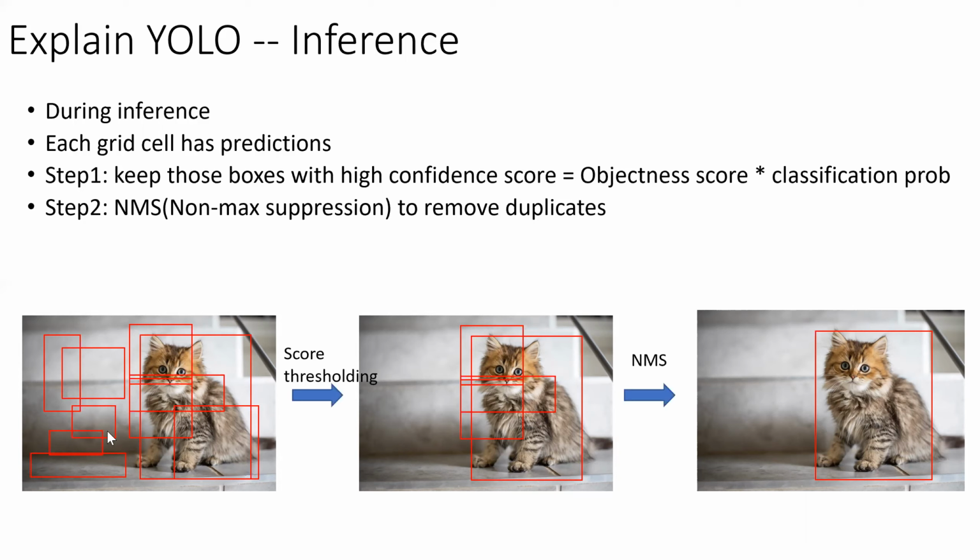Once I apply this step, I will be left with only the important boxes. But here you can see there are many overlapping boxes, many duplicates, so I use non-max suppression. This has been introduced by Yizhe, so I just skip this. So you are left with only 1 box.